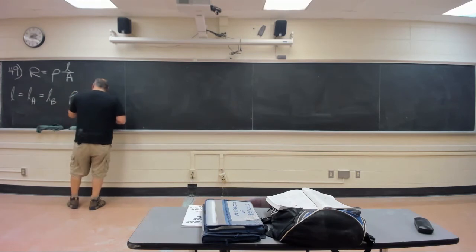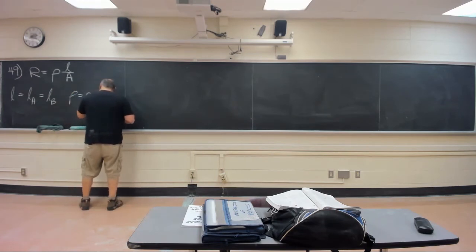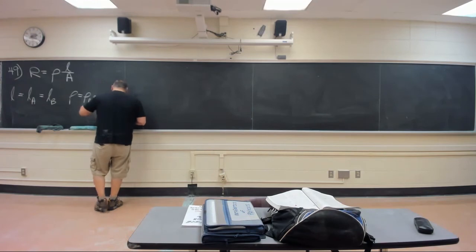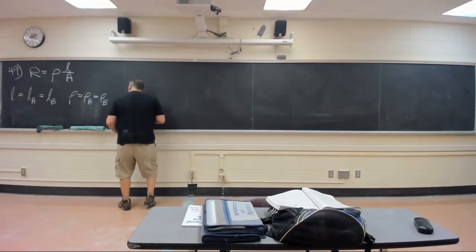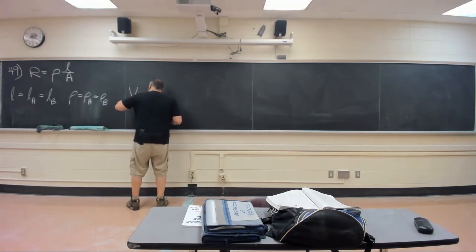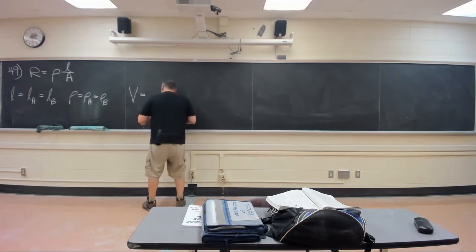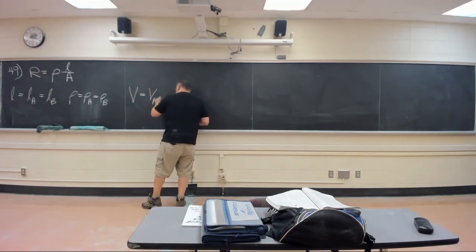Rho A and rho B are the same, it's the same material, guys. I already said that. V, or delta V, is V sub A, V sub B. It's the same. Same potential across both.